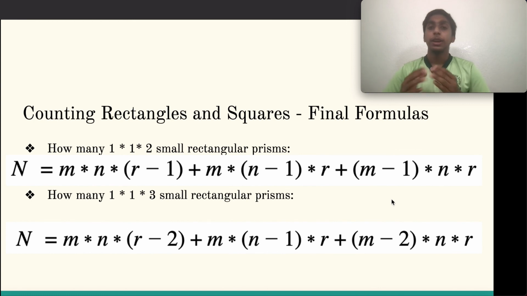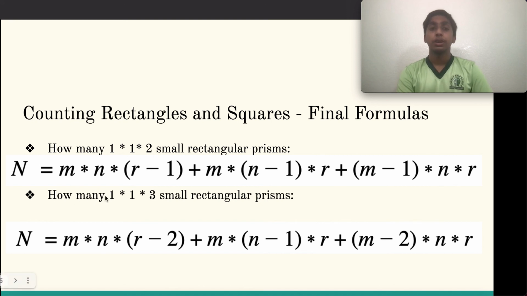Okay, so final formulas for counting rectangles and squares. If they ask you how many small rectangular prisms are there in this bigger solid, you use the following formula: m times n times r minus 1 plus m times n minus 1 times r plus m minus 1 times n times r. And you'll see that this is going to be very similar for the other ones too. This is if they're asking how many 1 times 1 times 2 small rectangular prisms.